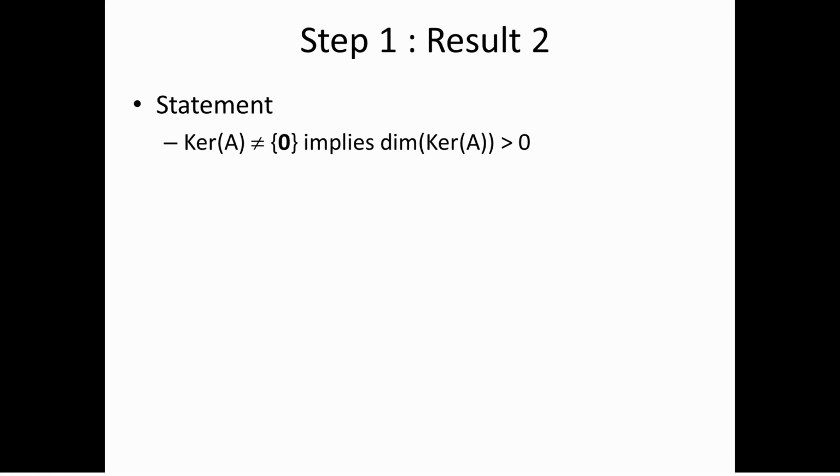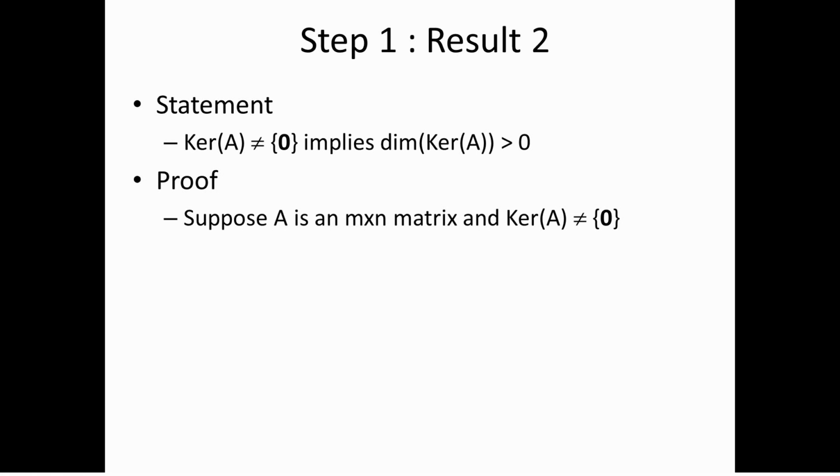So let's go to the second result. We want to show that if the kernel of A is not equal to the zero vector, this implies that the dimension of the kernel of A has to be positive. Okay, so let's start off. Let's suppose that A is an m by n matrix, and the kernel of A does not just consist of the zero vector.